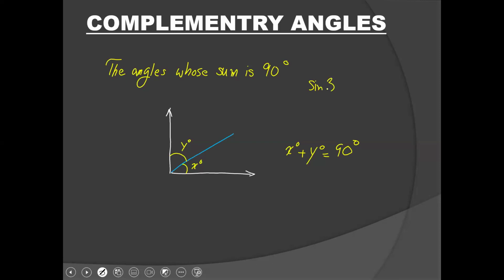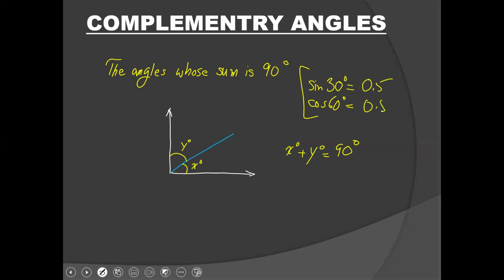For example, I ask you to calculate sine 30 and then calculate cos 60. Now do this calculation. Sin 30 is 0.5. Cos 60 is 0.5.